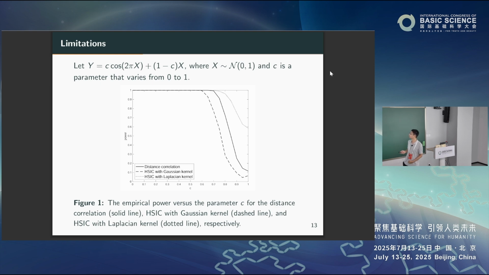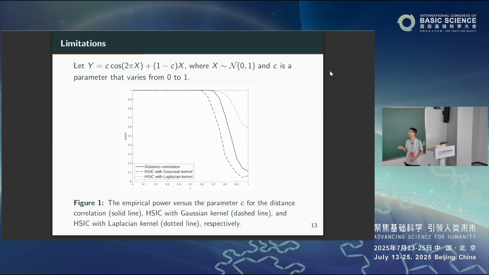And from this figure, we can clearly see that if C is around 0, or small, the power is very high. And if C is around 1, or large, that is, Y depends on X more nonlinearly, the power drops significantly.